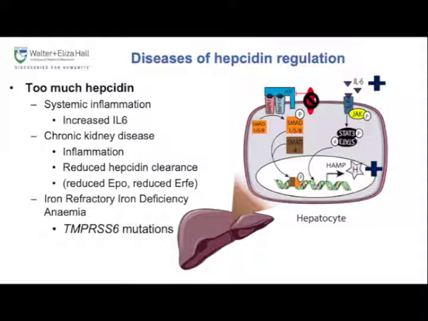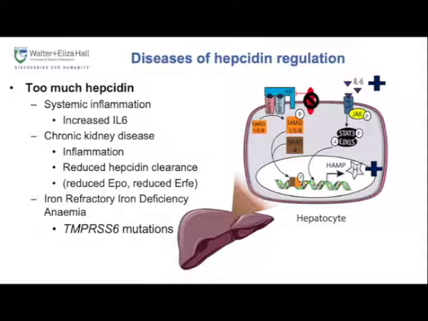Or you can have a disease where you lose this protein here, TMPRSS6, which negatively regulates the pathways that cause increased canonical signaling in response to iron. I feel like I'm getting a bit complicated here, but anyway, mutations here cause iron refractory iron deficiency anemia.